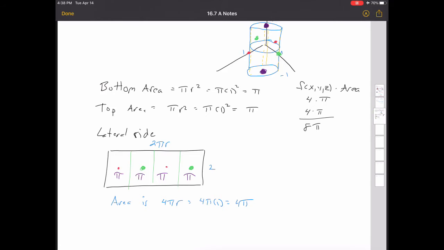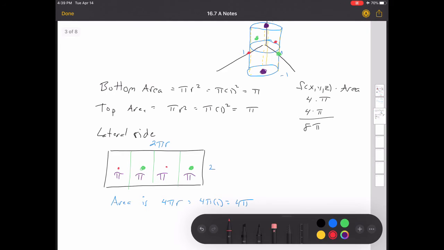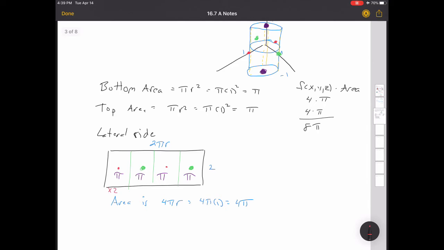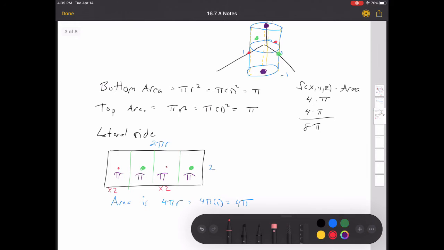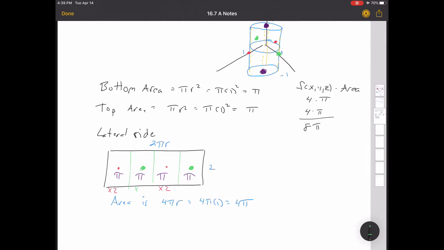So each one of the pieces with the red dot gets multiplied by 2. And the ones with the green dot, I believe, were multiplied by 3. So each one of these gets multiplied by 3, because that's the density, or again, whatever they've given us there.